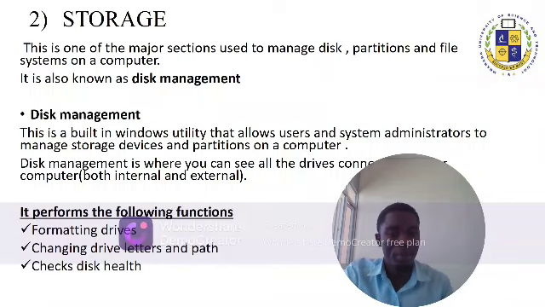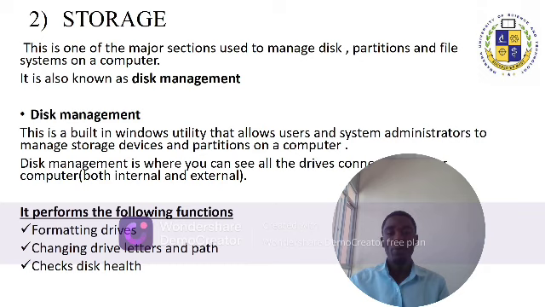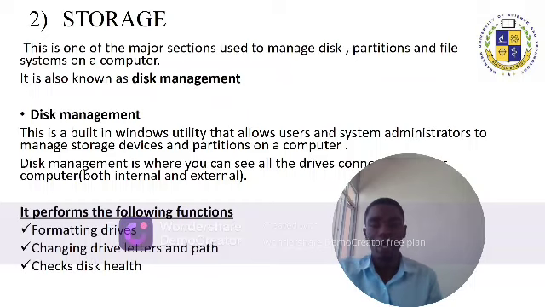Before continuing with the presentation, I want to say thank you to the presenter who introduced our topic today. I personally am going to tackle the part of storage in the computer management tools, as the second part of it.